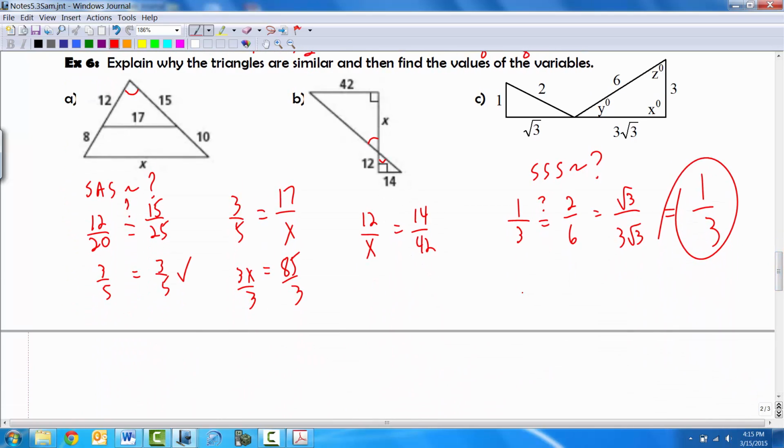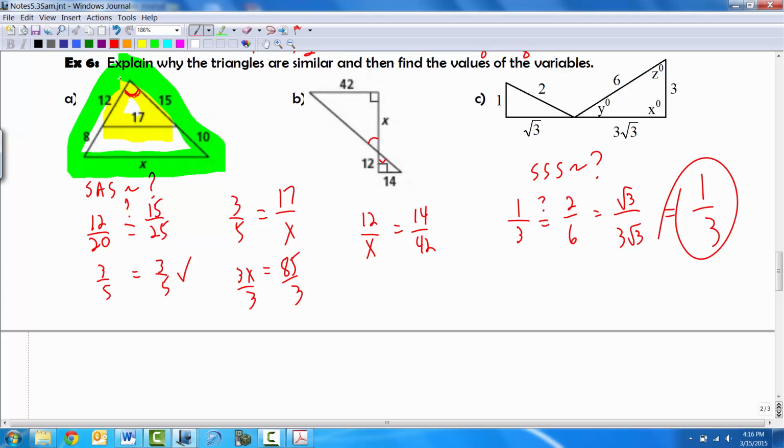All right, and then why? This one's a little trickier. I did this one on the board for everybody. What's similar is this, possibly similar to this triangle. That might be what's going on there. So, notice what we have here. This angle is equal to itself. Both triangles share that angle.